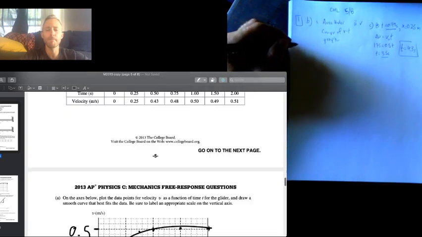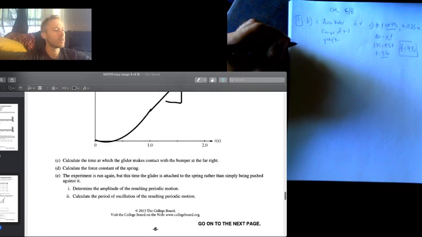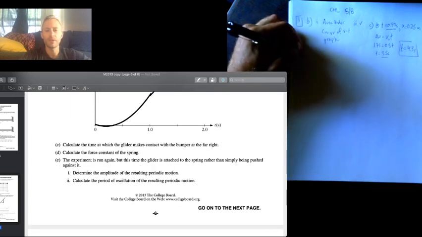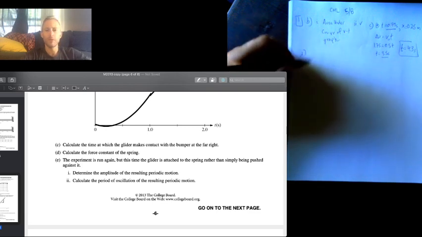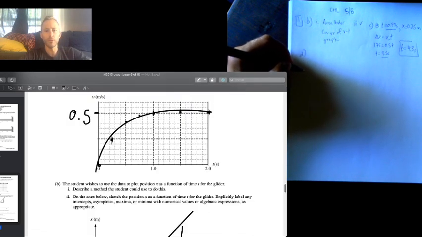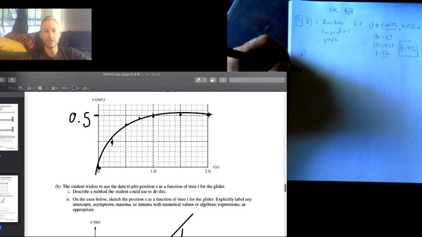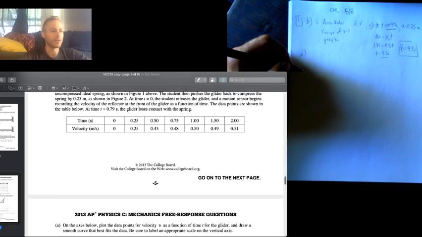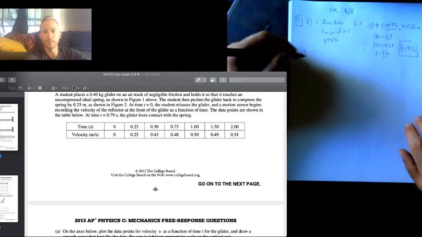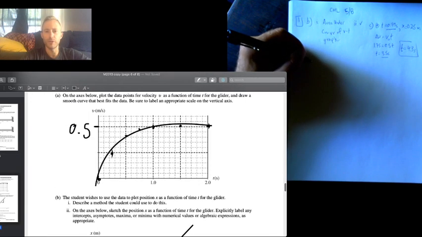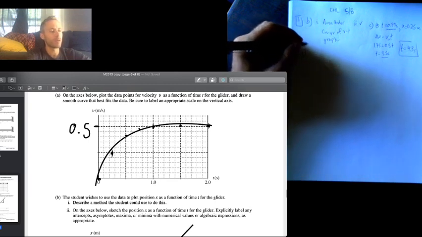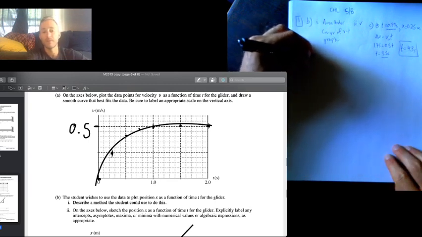All right. D, calculate the force constant of the spring. So one of the things we notice here is that basically for the first 0.79 seconds, we have simple harmonic motion. All right?